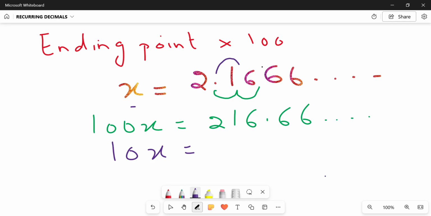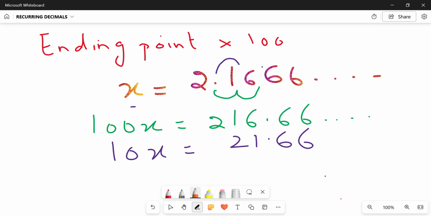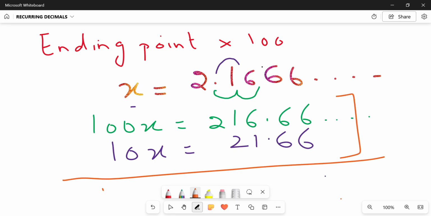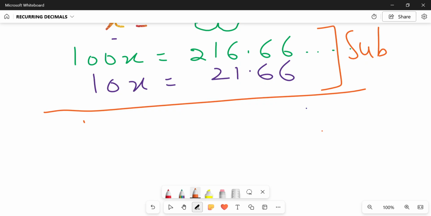So it will become 21 point, after the 1, and after that 6. Now we need to subtract these two terms. So when I subtract these two equations, 100x minus 10x gives me 90x.